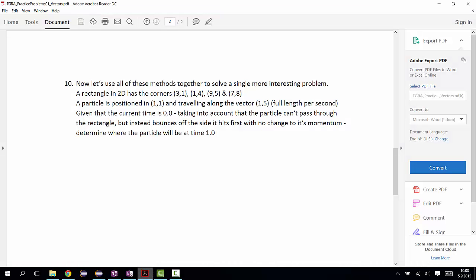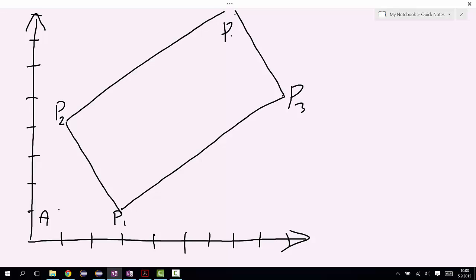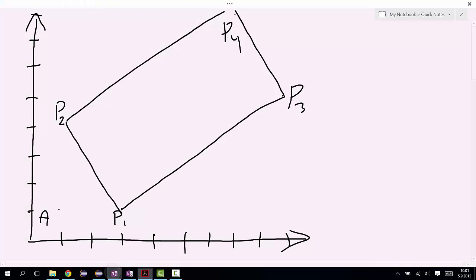Okay, so we have a particle positioned at 1, 1. Call this point A. We can call this here P1, P2, P3, and P4 up here. And that particle is moving along the vector 1, 5.